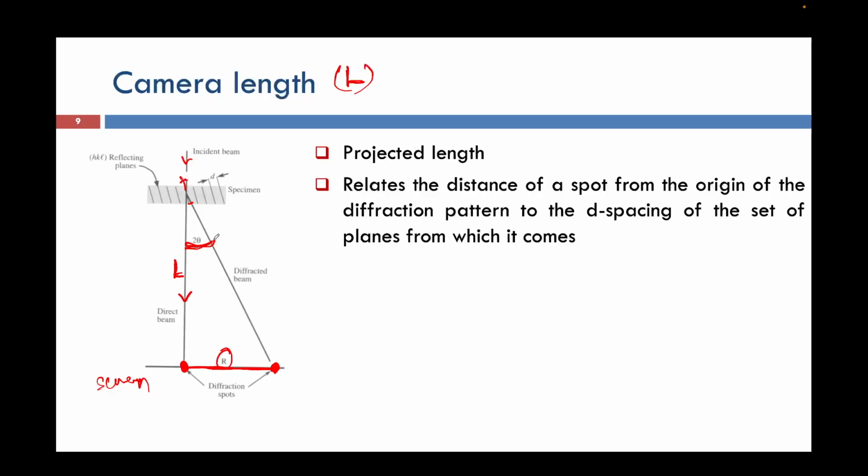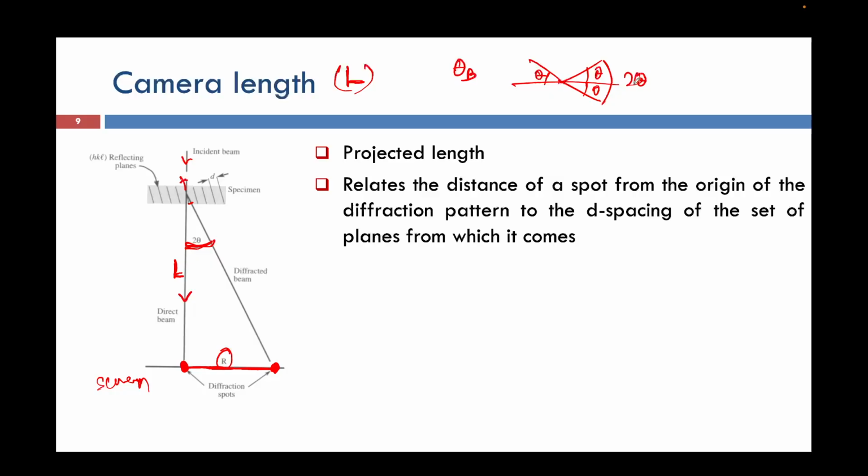If I take 2 theta as my total scattering angle, then the Bragg angle will be theta b. So this is theta, this is theta, so the total angle is 2 theta.